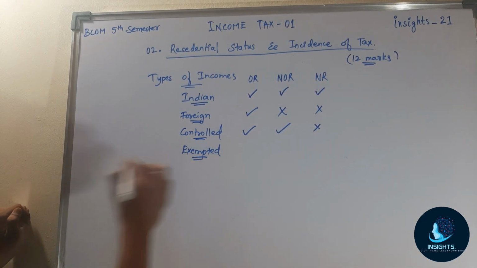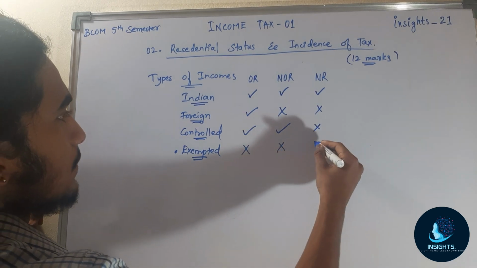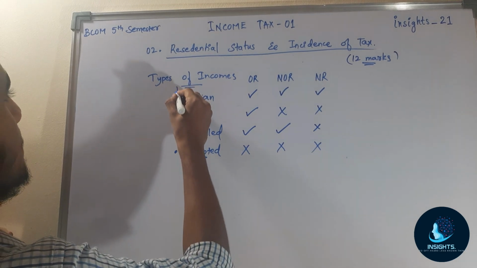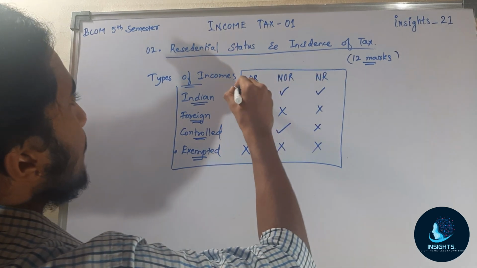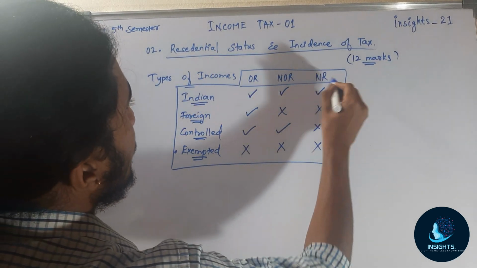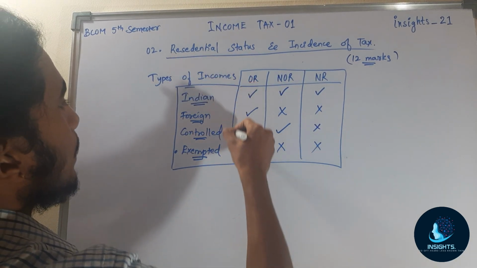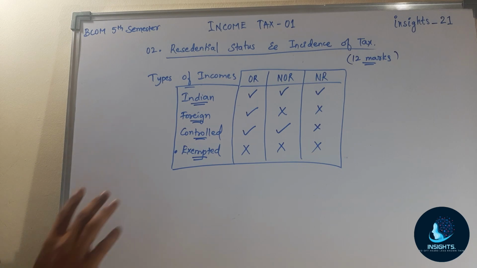For exempted income, as the name says, we are not considering or giving exemption to ordinary resident, not ordinary resident, as well as non-resident. So in order to solve 12-mark question, this table is very important.